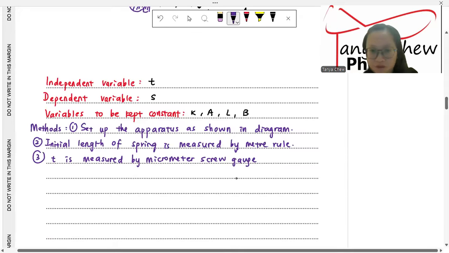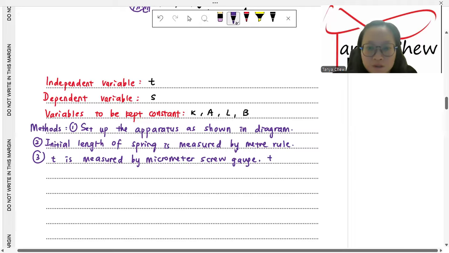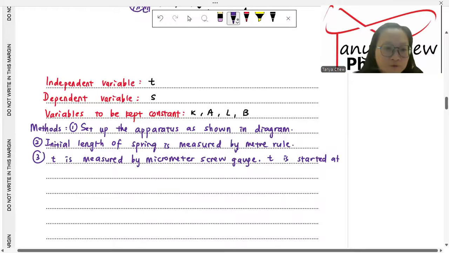Remember, it has to be thin, right? T is started at, I suggest a reading for T because I need to make sure that it is thin enough, 1.5 mm.